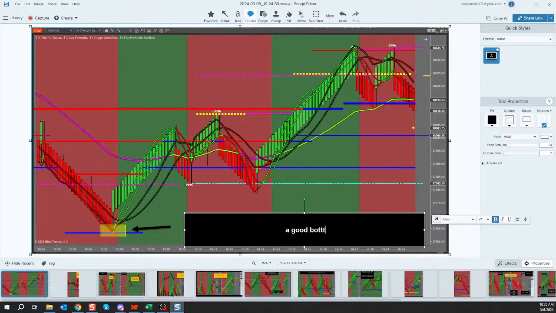A good bottom means that the sellers reach their target, or the buyers have decided it's time to go the other way. So what does this mean? This means decisions were made, Cav. Right here at this area, decisions were made. And the decisions were sellers don't get to win anymore, buyers get to.